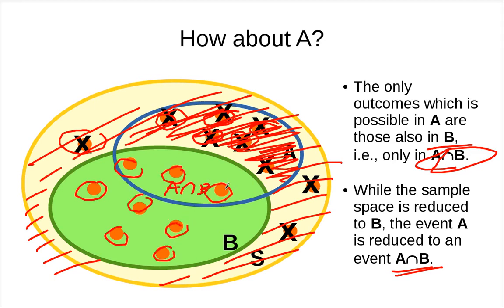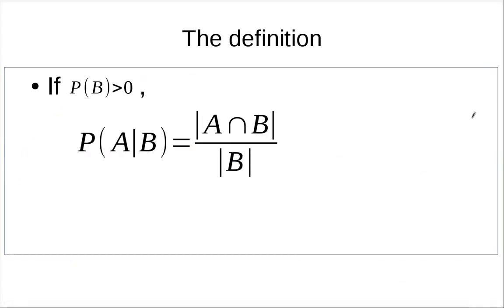And among these possibilities, only the outcomes in this set A intersection B are those that we want. So we finally get this. We count the number of outcomes inside B, and the ones that we want are the outcomes in this set.